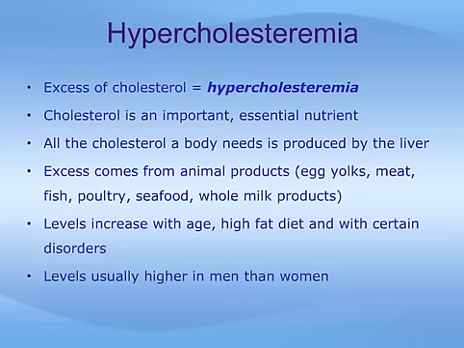Although all the cholesterol a body needs is produced by the liver, excess cholesterol comes from animal products such as egg yolks, red meat, fish, poultry, seafood, and whole milk products. Plant foods do not contain cholesterol. Cholesterol levels increase with age, with a high-fat diet, and with certain hereditary disorders. They are normally higher in men than women.